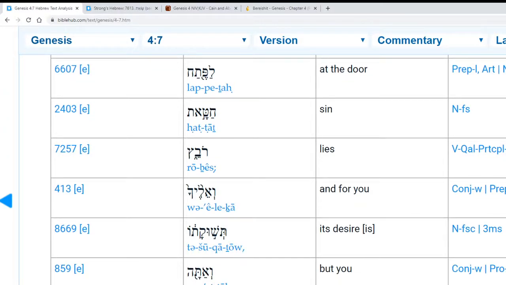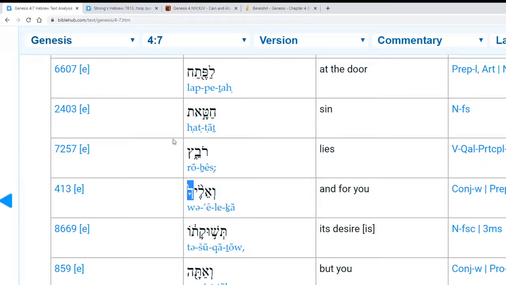Ve'elecha teshukato, right? So conjunctive vav, el being the preposition with the aleph. There's the yud, elecha, upon you. The chaf is second person. Ve'elecha teshukato.